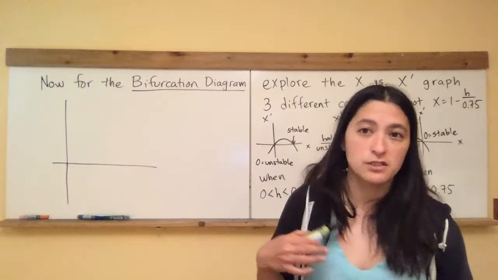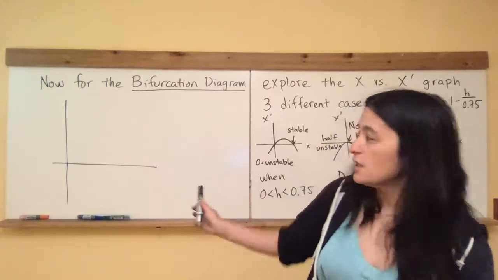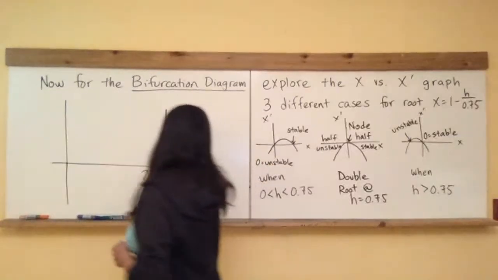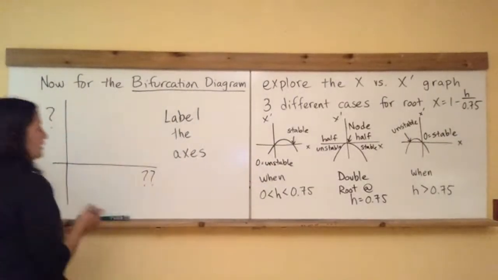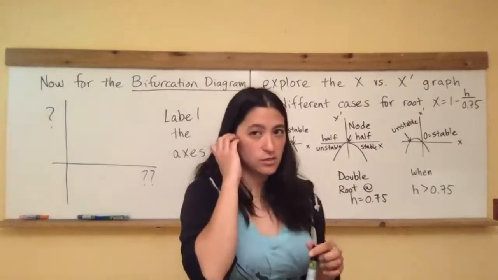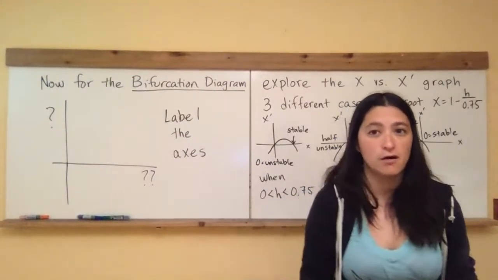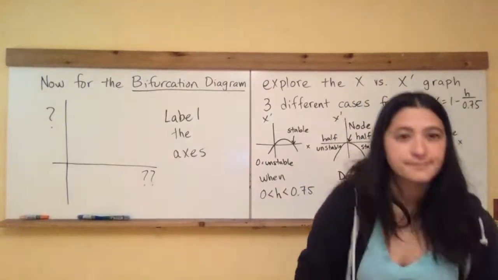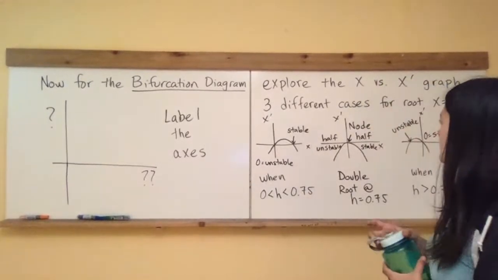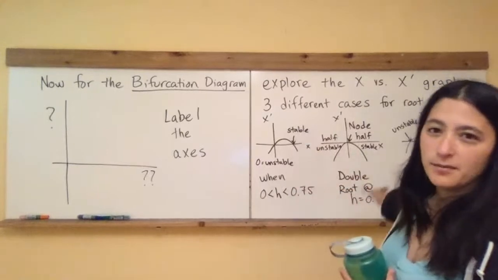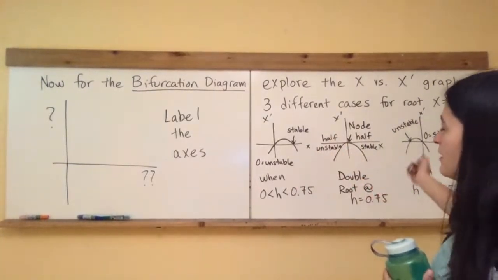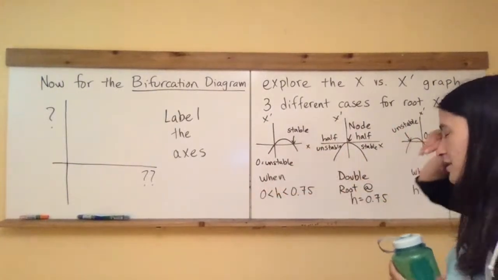So that's why I want to just take a pause and have you try to label the axis, so that you can really understand what is a bifurcation diagram. What is it a diagram of? And then I'm going to try to make sense of all the things there by illustrating that somehow in that diagram.